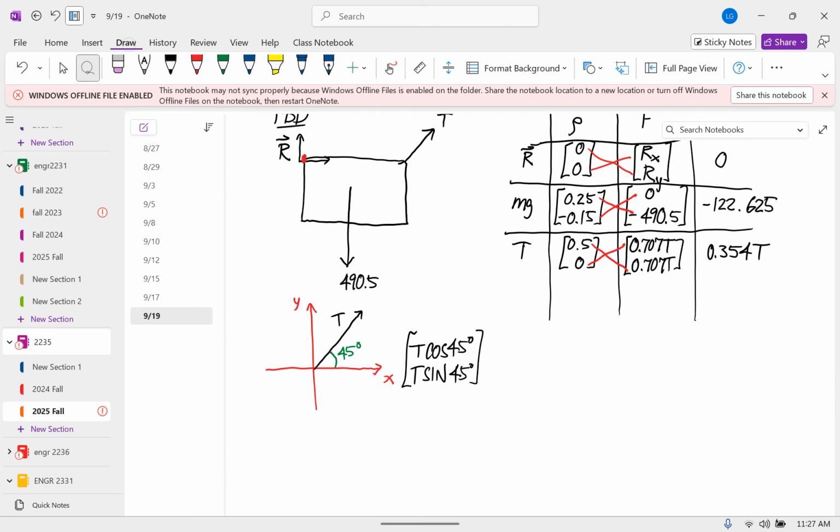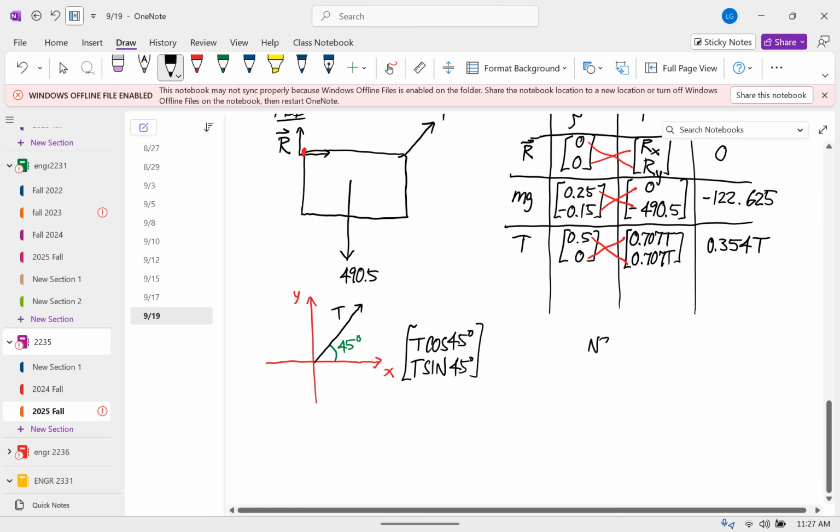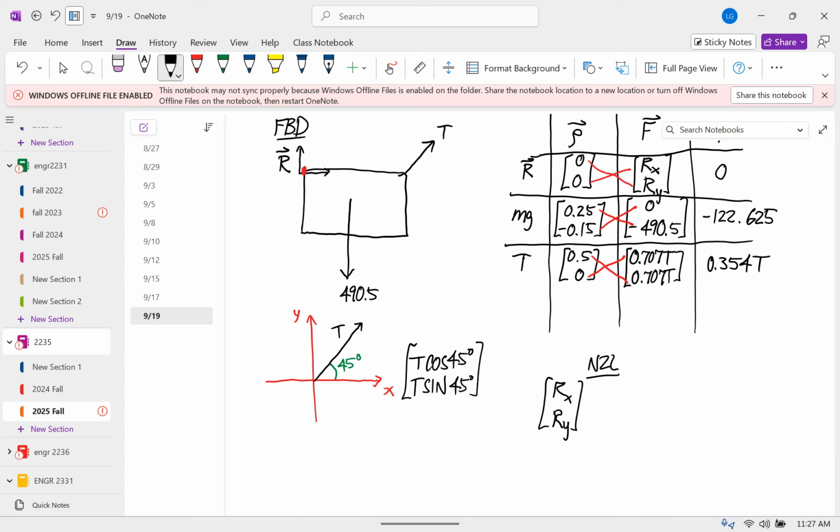So now we'll go to Newton's second law. And that says just add up all those forces and set them equal to 0. So Rx, Ry plus 0, negative 490.5, plus 0.707 T, 0.707 T is equal to zeros.